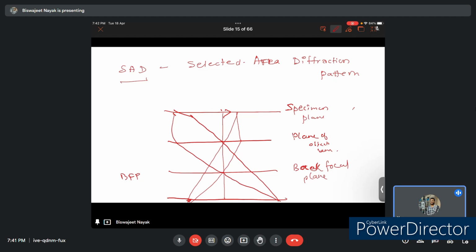So as we are discussing, we wish to determine the orientation relation between two different crystals. That can be done by selecting the interfacial region.